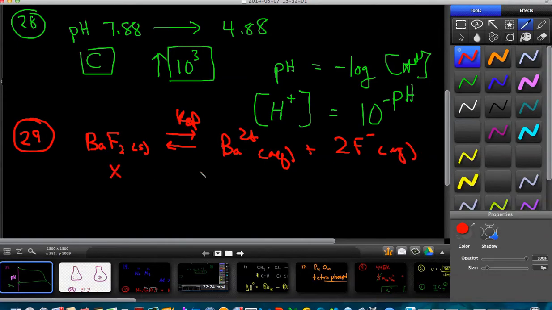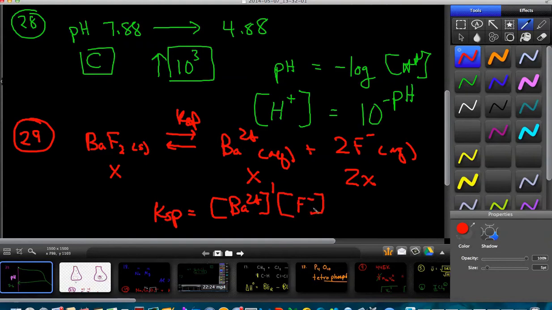If this is X, and this is 2X, the KSP is the concentration of barium to the first power, which means we can get rid of A, and that's about it, times the concentration of fluoride, not 2-fluoride, squared. So we can get rid of C, we can get rid of D. The best answer will be credited response B.